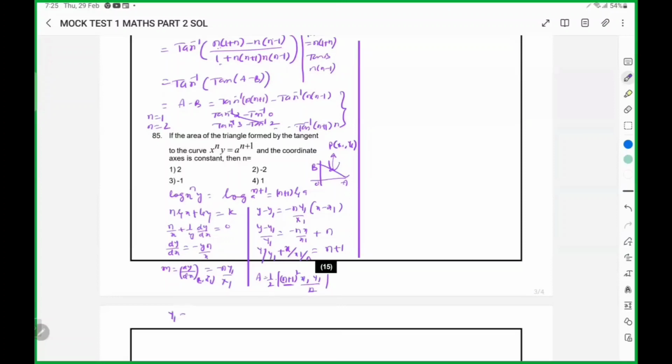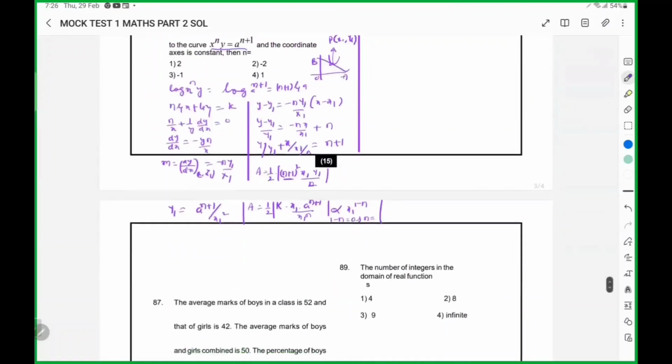In place of y1, x1 y1 is a point on this curve, so area becomes half constant times x1 power n plus 1 by x bar, which is proportional to x bar power 1 minus n. As long as 1 minus n is not 0, the area changes. For the area to be constant, 1 minus n should be 0, that is n equal to 1.